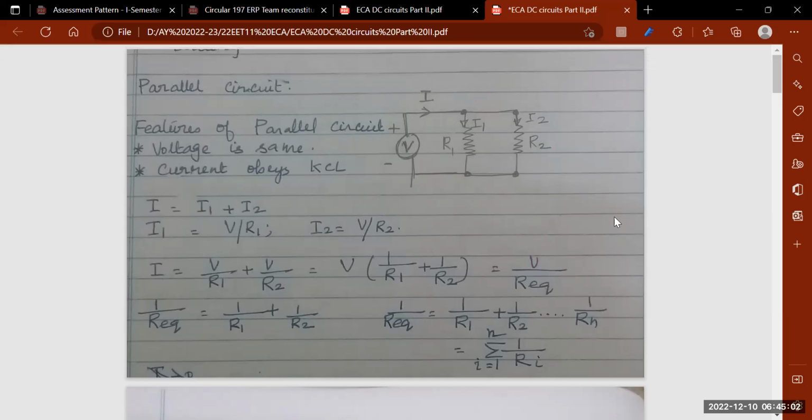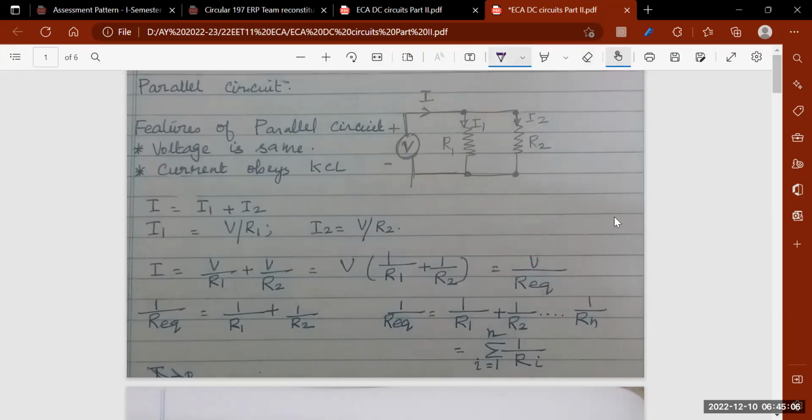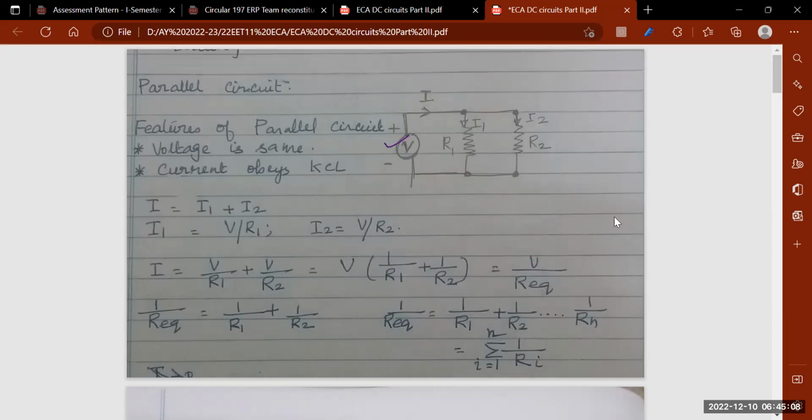Okay. See, for the parallel circuit, the voltage is common, like in the series circuit, current is common. In the parallel circuit, voltage is common. So the current delivered by the battery is I, and the current flowing through resistance R1 is I1, and through resistance R2 is I2.